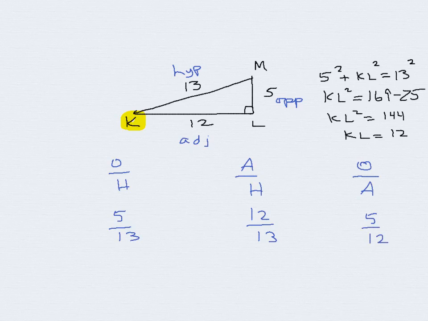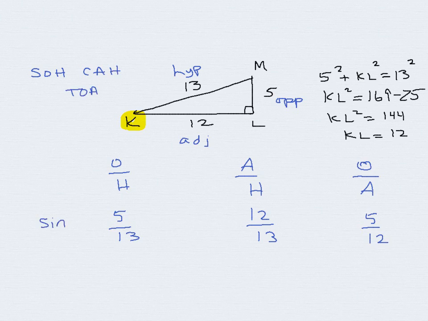We could take all those numbers and turn them into decimal equivalents, which we'll do. And we could also convert the O and the H, the A and the H into trig ratios. Think back to what we learned, our SOHCAHTOA. The O over the H is what we refer to as the sine ratio.